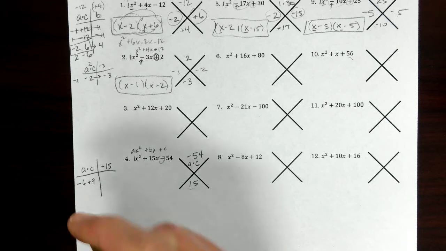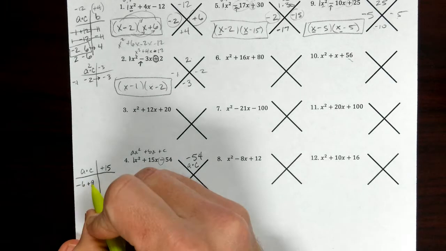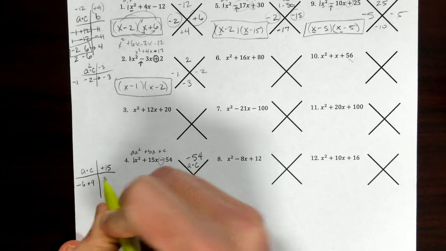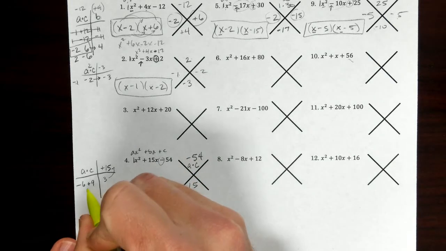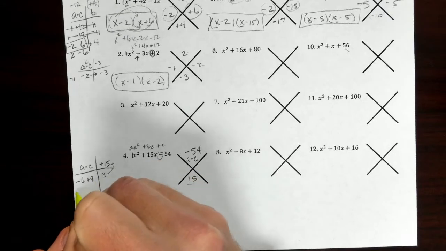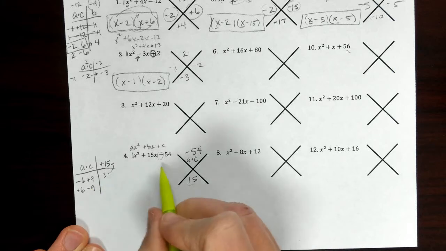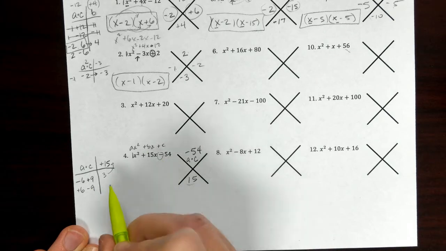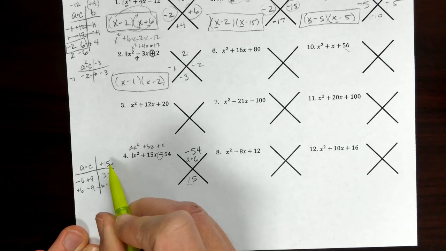So positive 9 times negative 6 is going to give me negative 54, but when I add these, I'm going to get a positive 3. Again, I'm looking for 15. Okay, so I know that's not right. Now, could this be a positive 6 and a negative 9? Absolutely, because that still multiplies to give me negative 54. But again, when I add these together, 6 minus 9 is negative 3. I'm looking for positive 15.